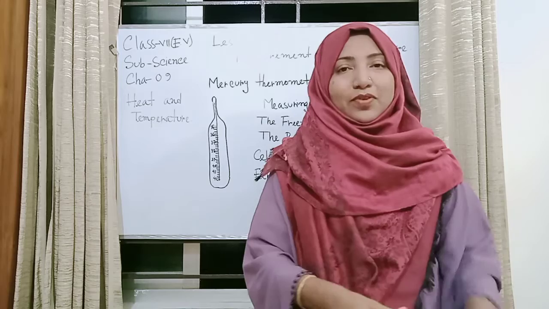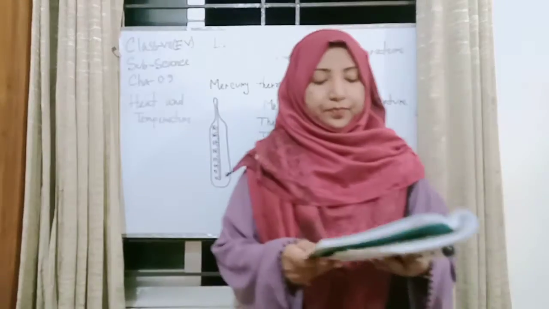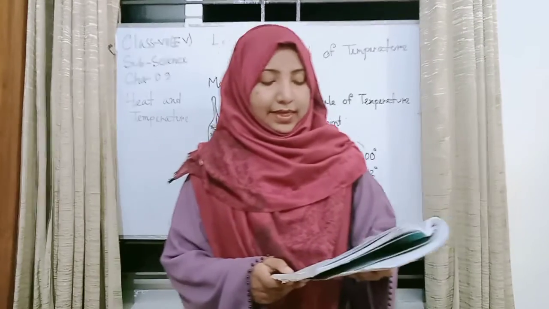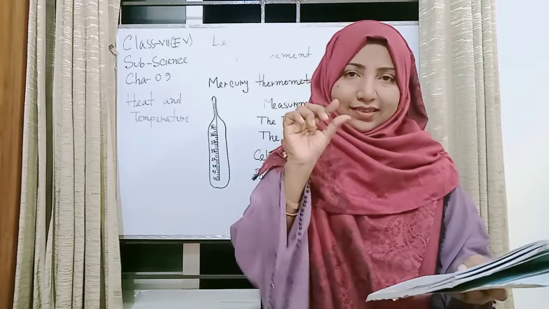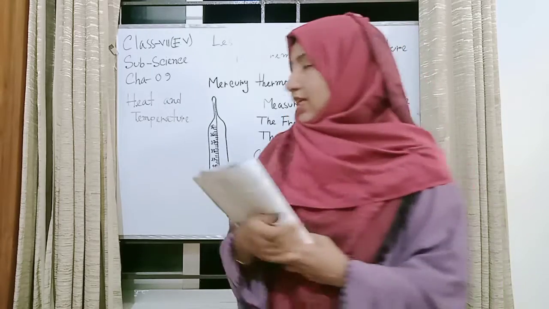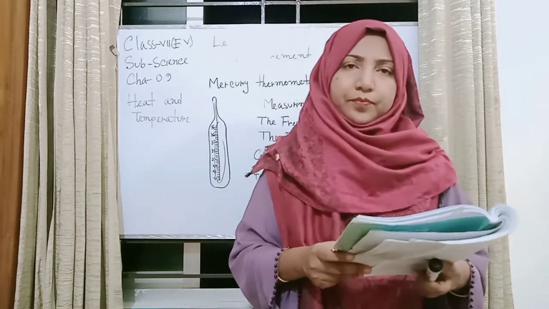Now, everyone please see the books for the meaning of the mercury thermometer. It is a type of thermometer that uses mercury as an indicator. This structure is filled with mercury, and the indicator of temperature is called the mercury thermometer.